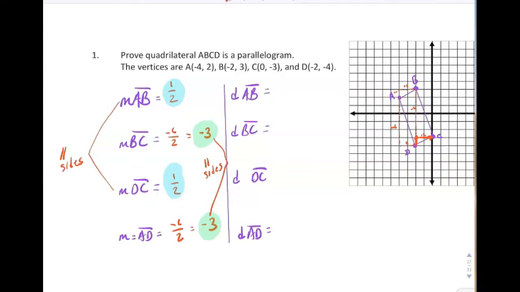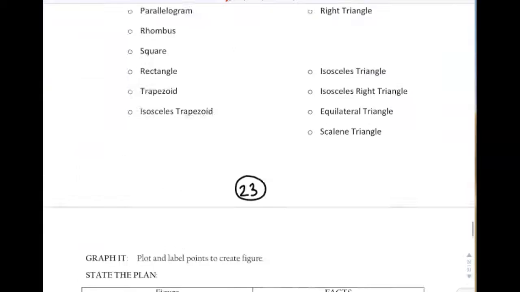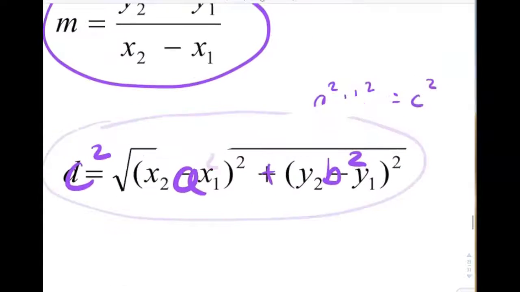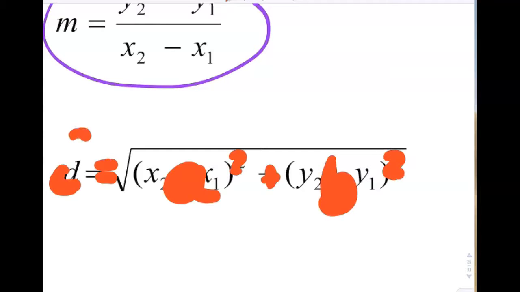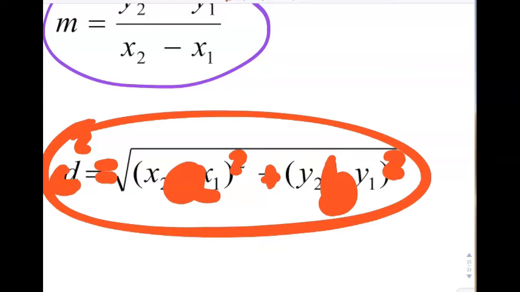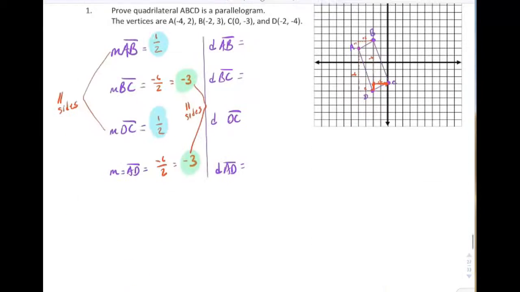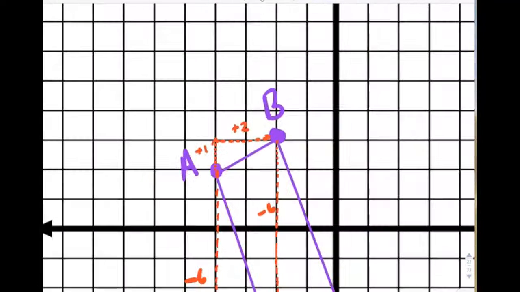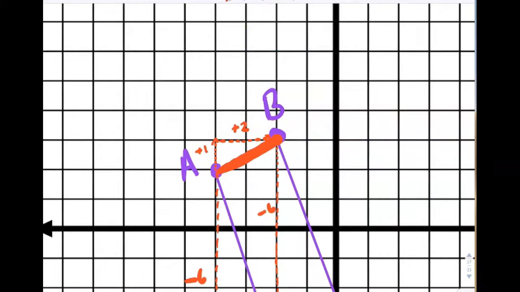Then, if we're going to find the distance, this is where the Pythagorean theorem makes it a lot easier than using this formula. It's really the same thing. What you don't notice in here is that that's really a squared, that's really b squared, and before you take the square root, that would be c squared. So it really is the Pythagorean theorem. But it just seems easier when you do it this way. Let's find the distance from A to B. Now the distance of this is really just the hypotenuse of that triangle.